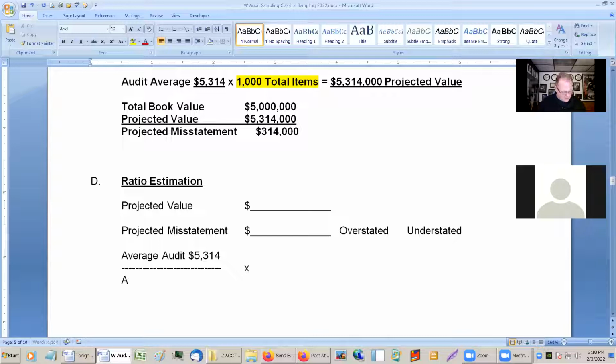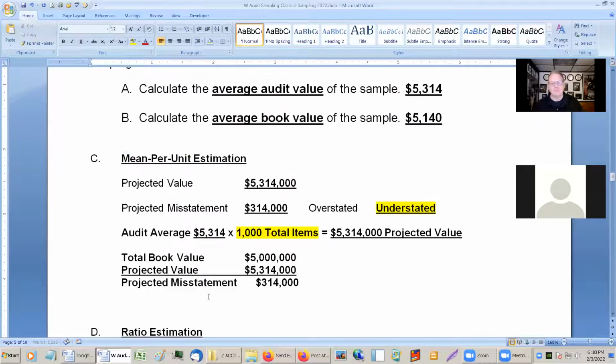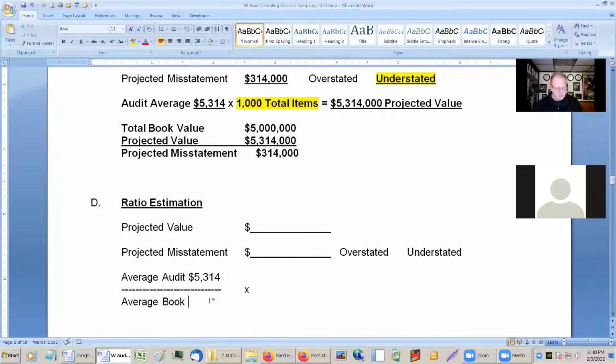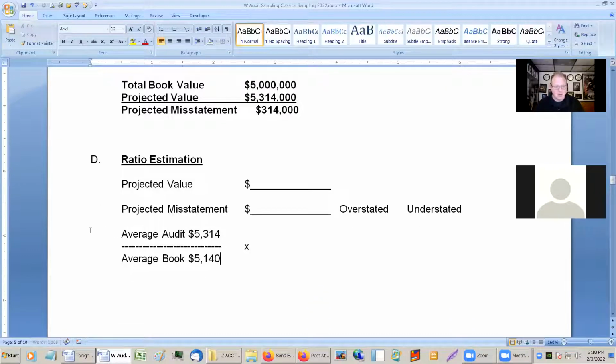Over the average book. Times the total book value, $5 million.